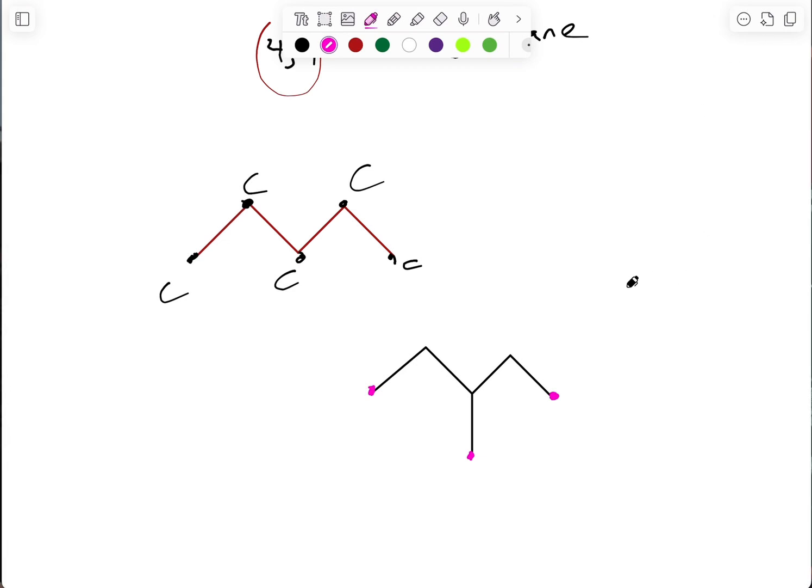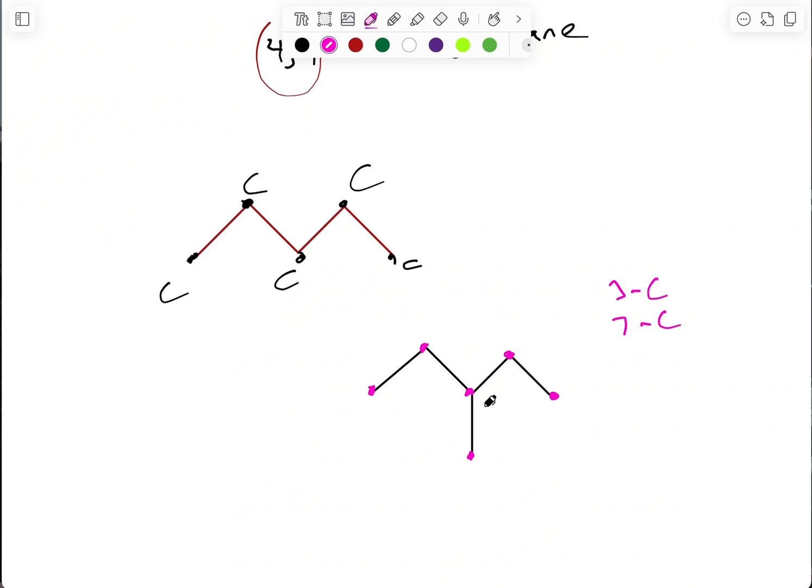Three ends, that's 3 carbons already. Let's see the junctions. 1, 2, 3. Three junctions, so we also have 3 carbons at the junctions. So we have 6 carbons altogether. Does that mean this is hexane? No, it doesn't mean this is hexane, because as you can see now, this is a branched hydrocarbon.